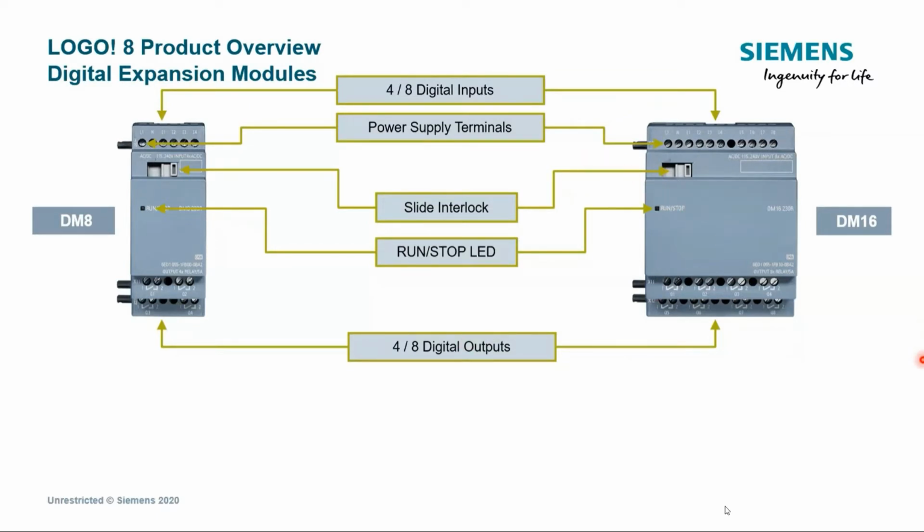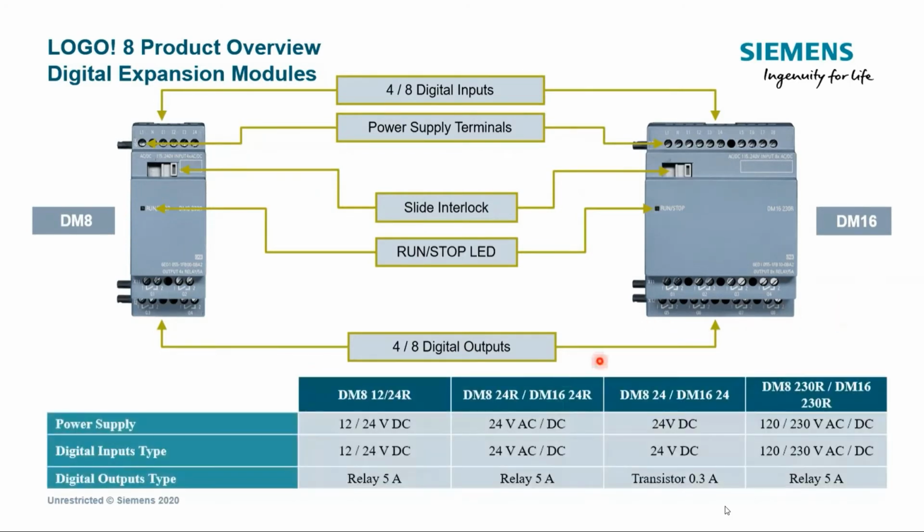And similar to the logic modules before, we have also for the 4 different types, also 4 different expansion modules. And you can see here that except for the 1224 type, we have DM8 and DM16 for all the other types.